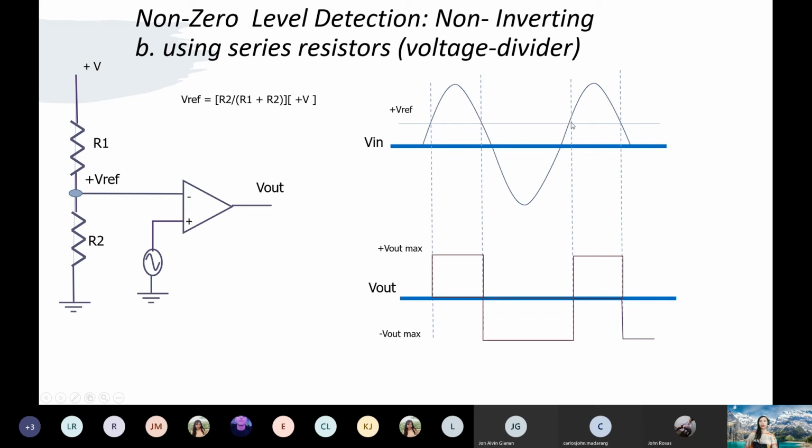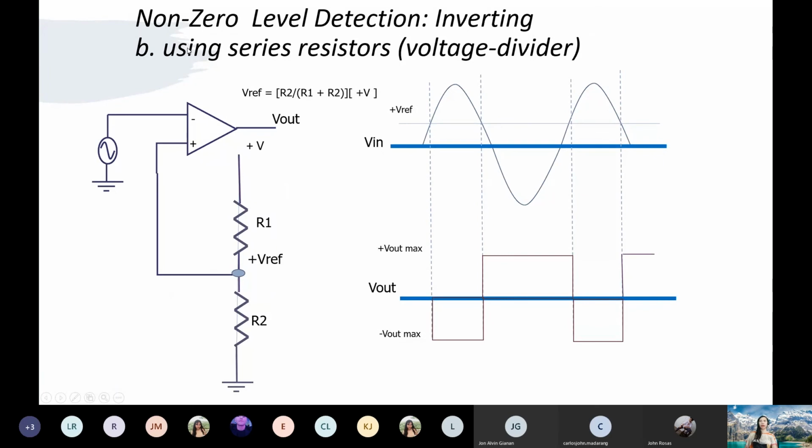And as it crosses the positive reference voltage again, it will switch back to positive Vout max. Clear? So in this topic, all you have to do is familiarize yourself with the expected output waveforms, sketching Vout in reference to Vref.